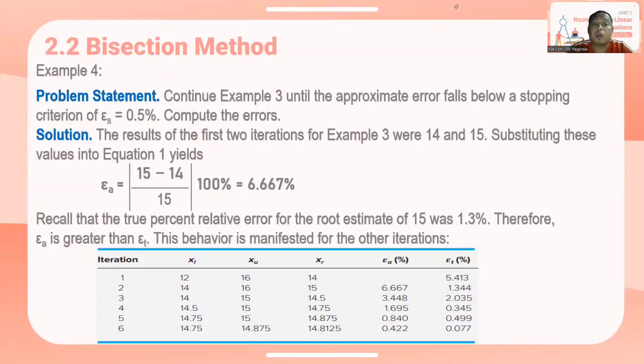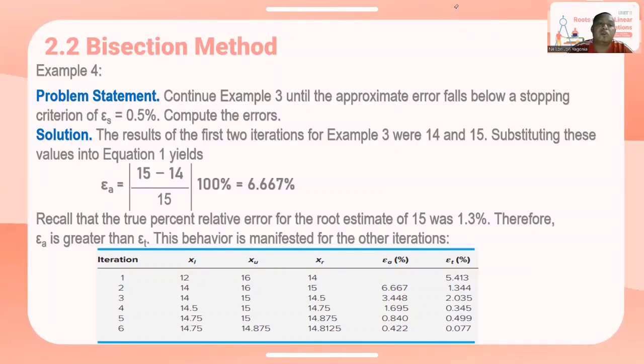Our stopping criterion is epsilon sub s, which is 0.5%, so our objective is to get epsilon sub a, the approximate error, near to this 0.5%. The results of the first two iterations for example 3 were 14 and 15.